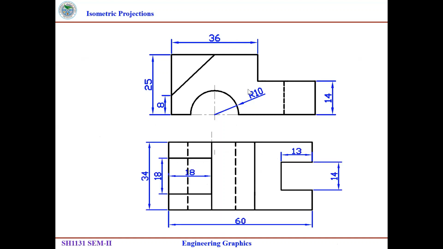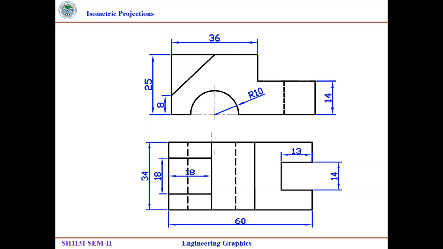Let us consider this as the example. Do remember that in the examination you will be asked only one question on isometric, for 13 marks, a single question. And you will not be provided all the views, front view, top view, side view. You will be provided either front view and top view, or front view and side view.